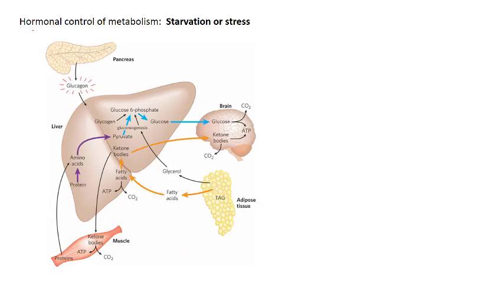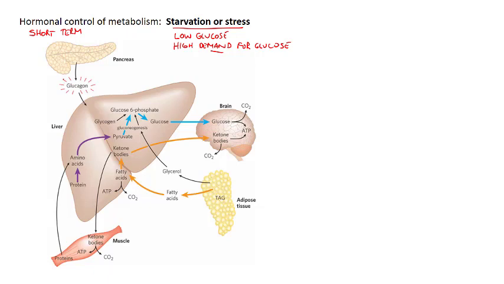All right, once again, short term, let's look at the inverse situation. Starvation or stress. We're talking about either situations of low blood levels of glucose or high demand for glucose, which is what happens during stress. All right.